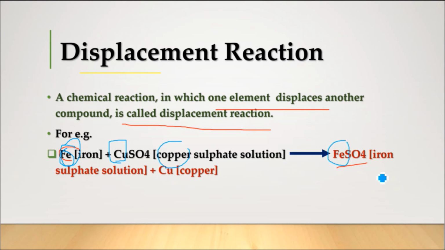So in the RHS, the equation is like this: FeSO4, iron sulfate solution, plus Cu, the copper. So this is a displacement reaction.